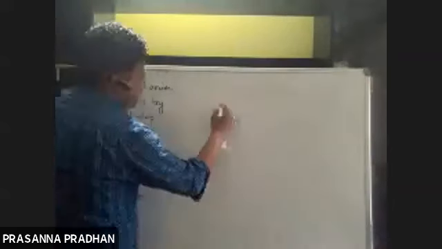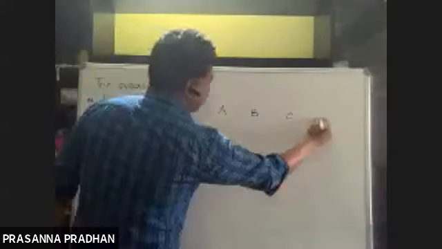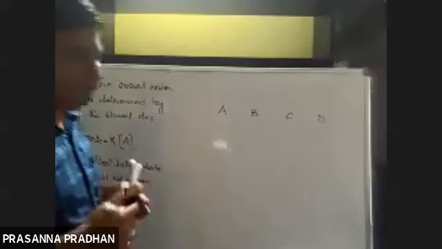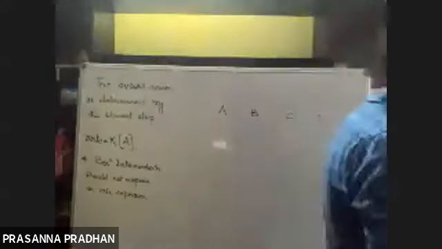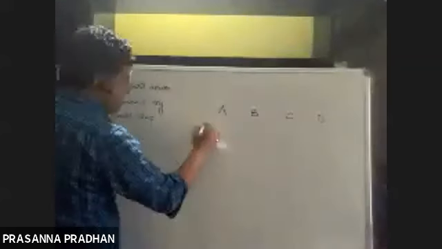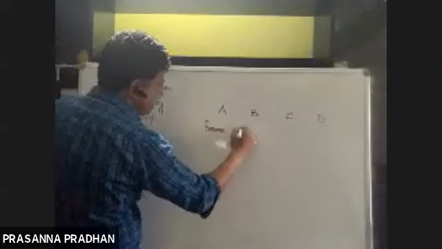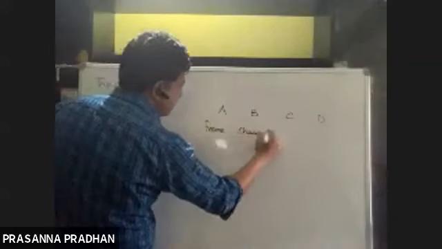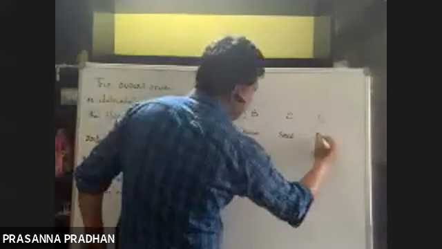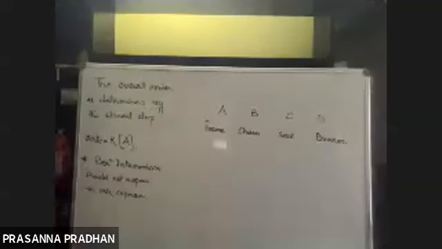There were 4 persons involved, A, B, C and D. Will a single guy manufacture the whole cycle? No, there is a division of labor. Suppose A was in charge of constructing the frame of a cycle, B the chain, C the seat, and D the brakes. So these 4 guys were assigned this task.